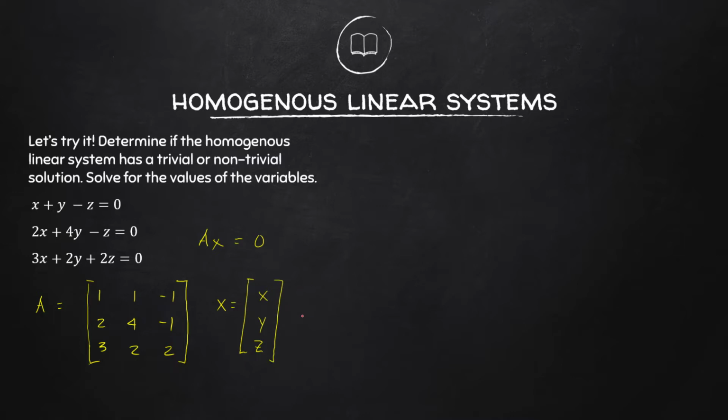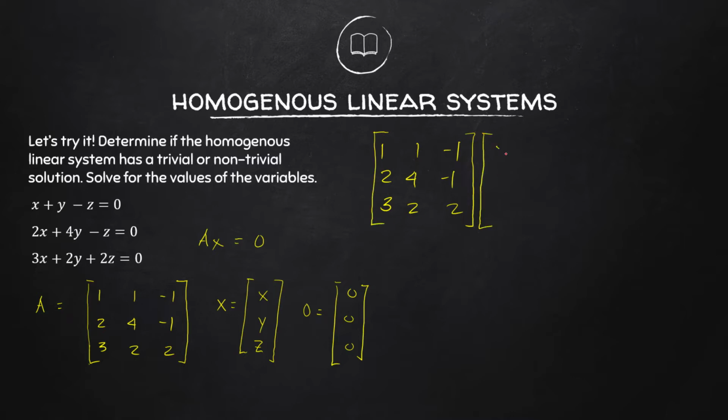You also have your 0 matrix: 0, 0, and 0. So if you write this in matrix equation, that would be 1, 1, negative 1, 2, 4, negative 1, 3, 2, and 2, multiplied by the x, y, z matrix, and that is equal to the 0 matrix.